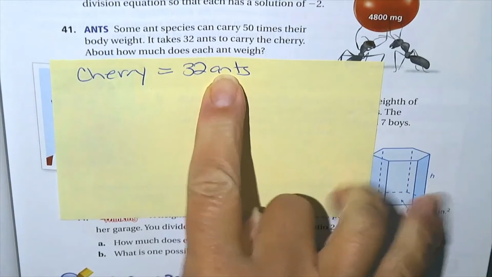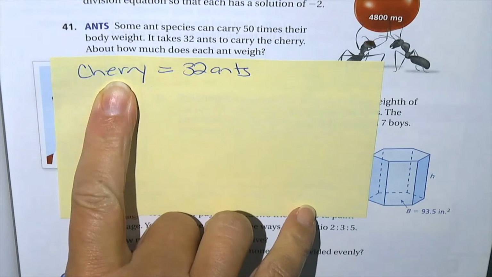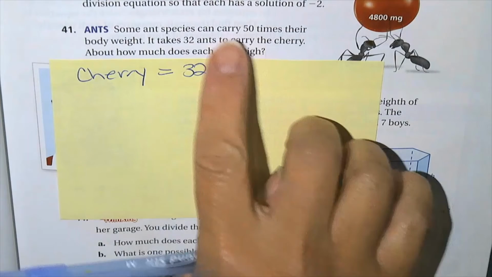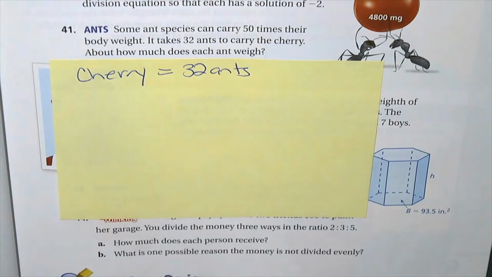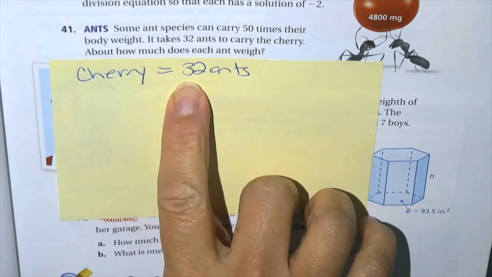It's taking 32 ants to carry the cherry, right? And this is telling me that each ant can carry 50 times their weight. So one ant can carry 50 times their weight, but I have 32.